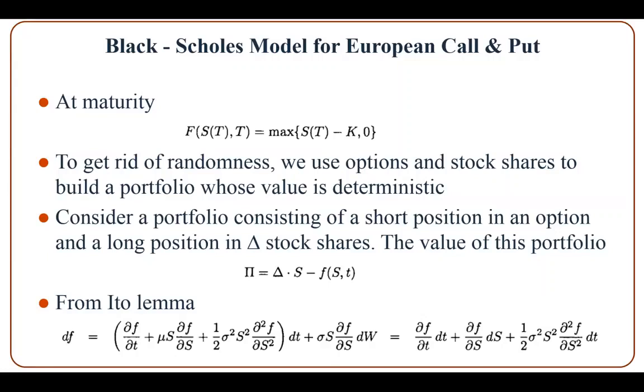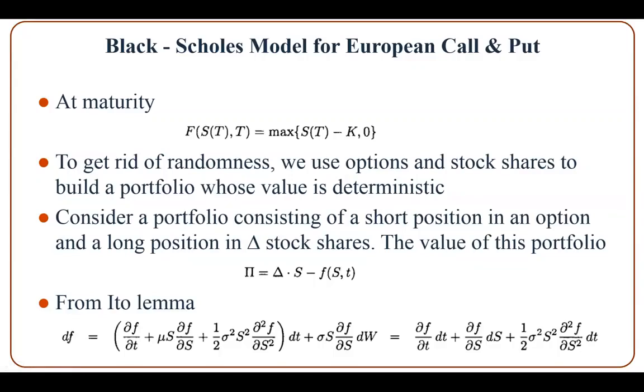To get rid of the randomness, we use options and stock shares to form a portfolio whose value is deterministic. Consider a portfolio consisting of a short position in an option and a long position in delta stock shares, and the value of the portfolio can be obtained.